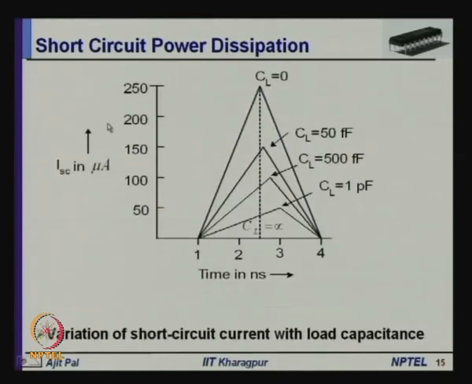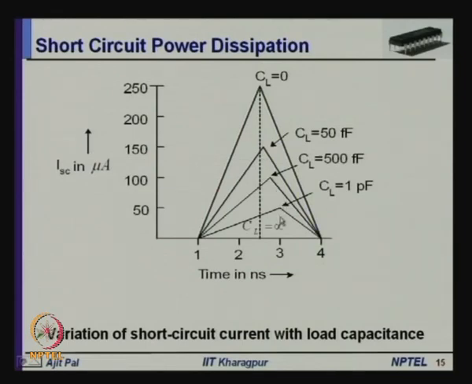Coming to a third important aspect, you can see we have short circuit power dissipation for different load capacitance. Initially the load capacitance is 0, and then we have increased the load capacitance, and you can see the curve is going down, because the output will not charge to a higher level.